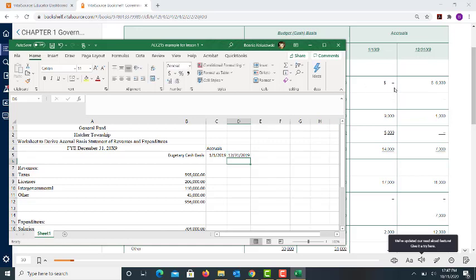So looking at our first one, there's nothing in the beginning. You have your ending of 6,000. You can see right here, there's nothing in this column for licenses. We'll clean up formatting later. Then the next amounts you can see is 9,000 and 1,000.